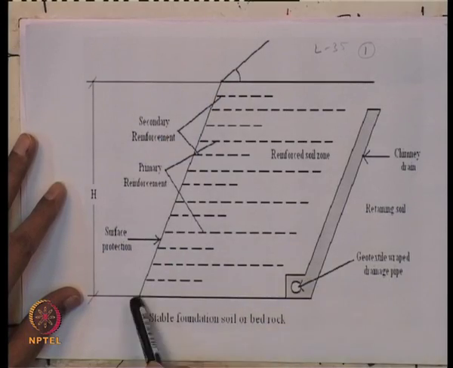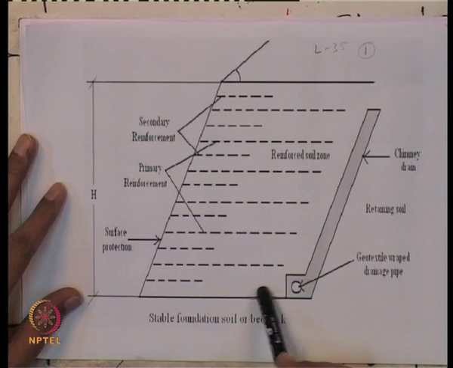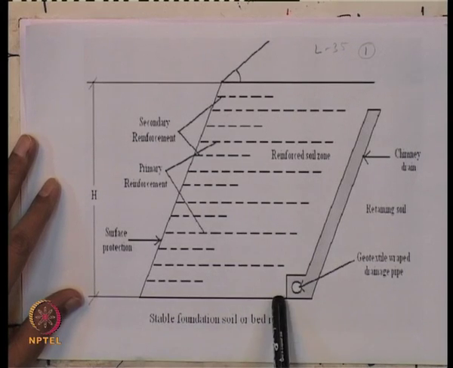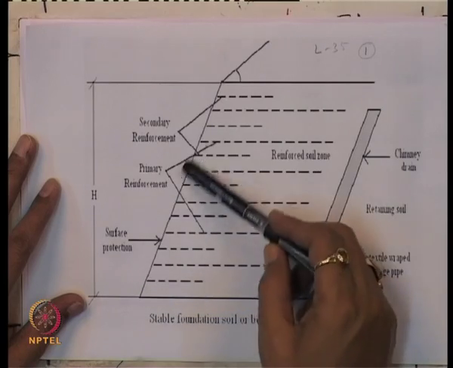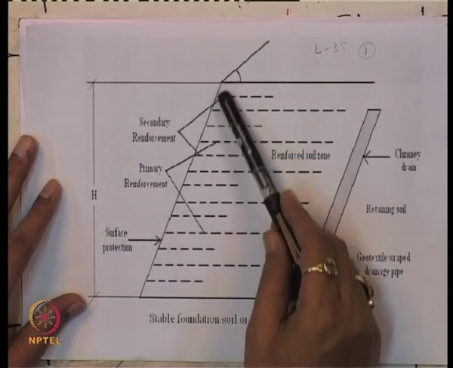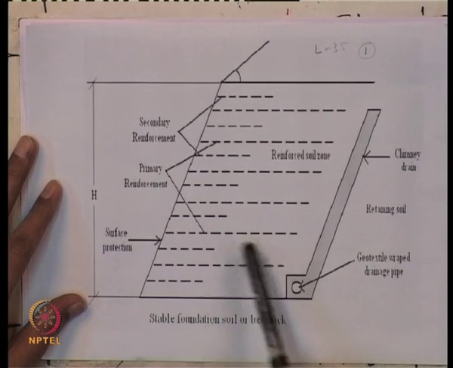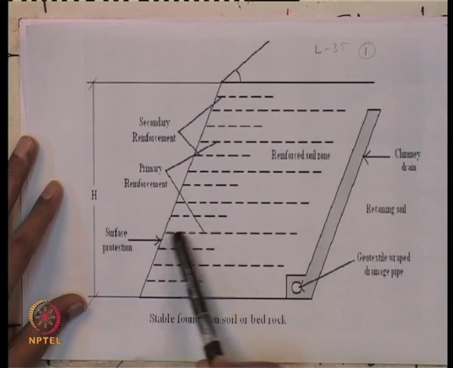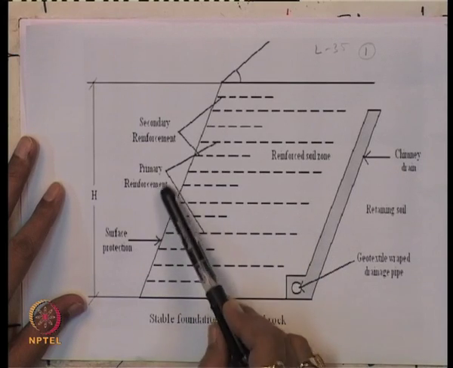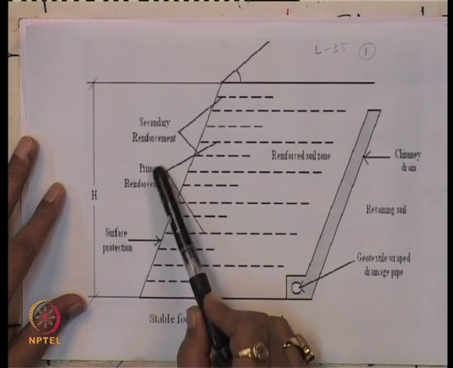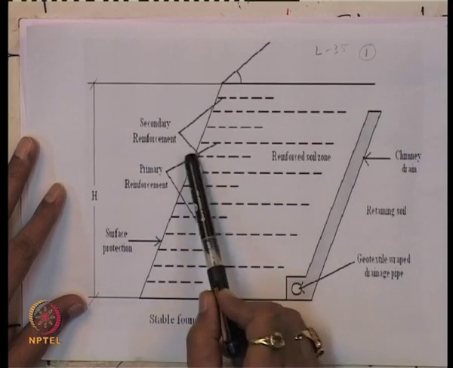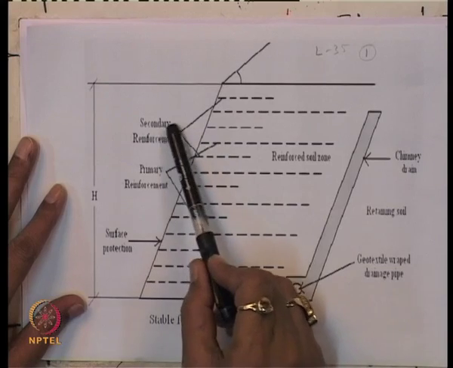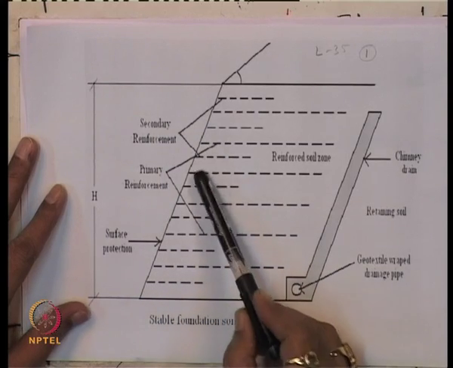So, this is a stable foundation of soil, or the foundation is bedrock, and this is the steep slope, and these are the number of layers of reinforcement. The larger length of reinforcement is considered as primary reinforcement, and the shorter length we consider as secondary reinforcement.